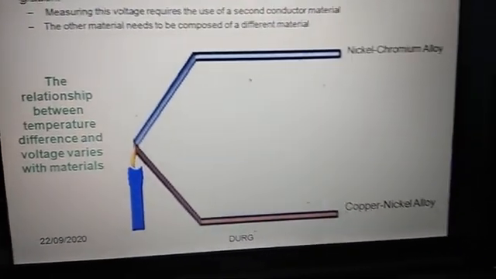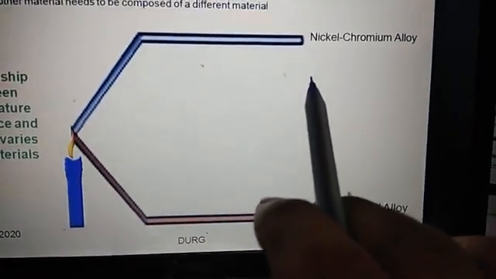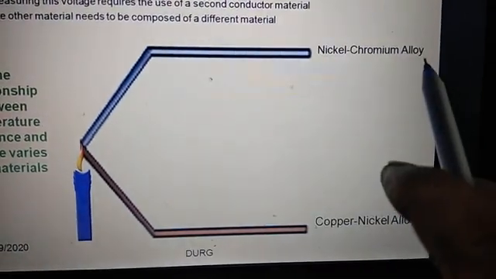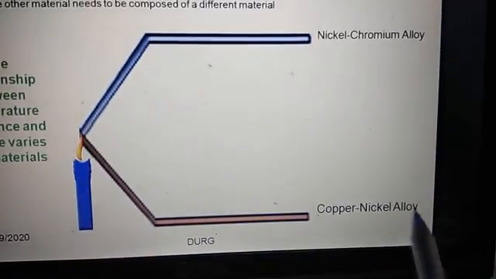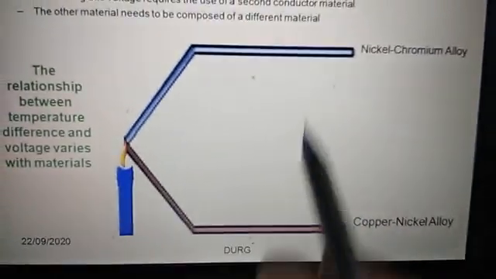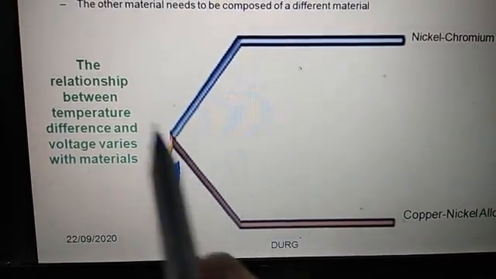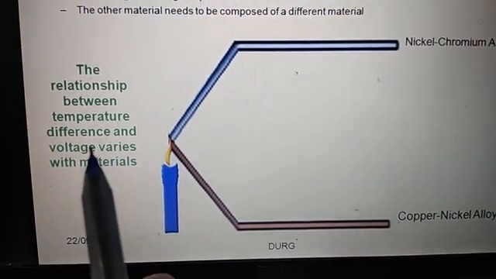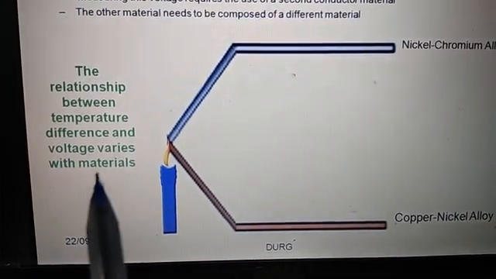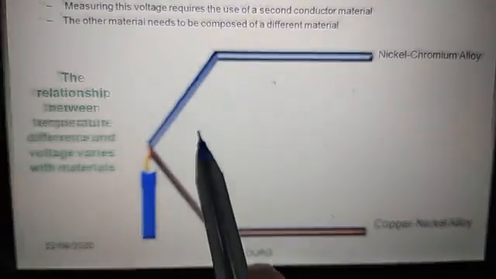And this is another diagram you can see of different materials. This is nickel chromium alloy and this is copper nickel alloy, two different materials. The relationship between temperature difference and voltage varies with materials.